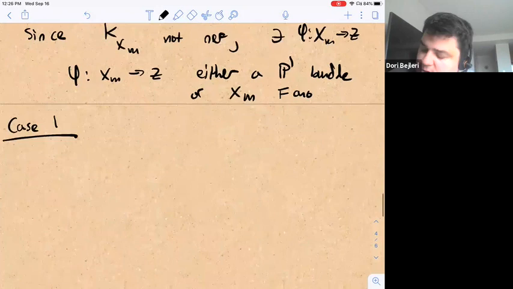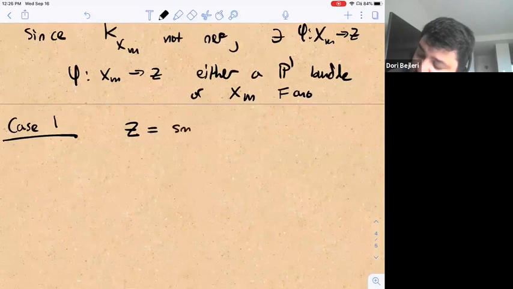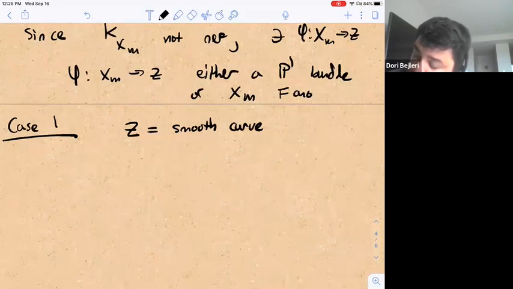So case 1, this Z has to be some smooth curve, again by factoring through the normalization, and we're over an algebraically closed field.